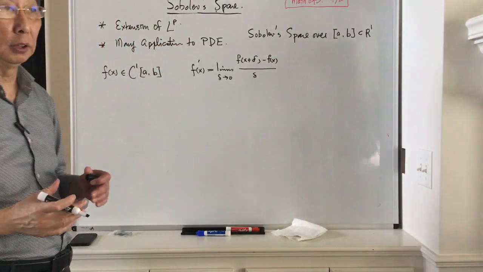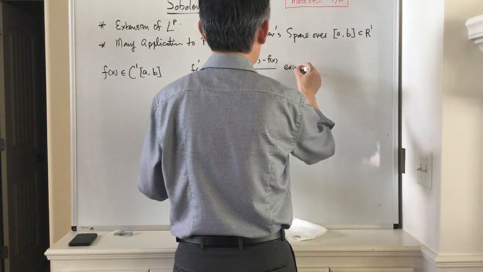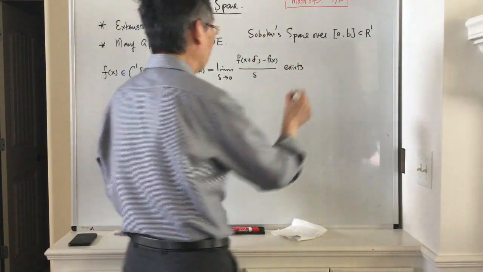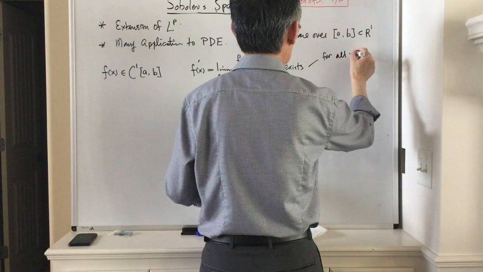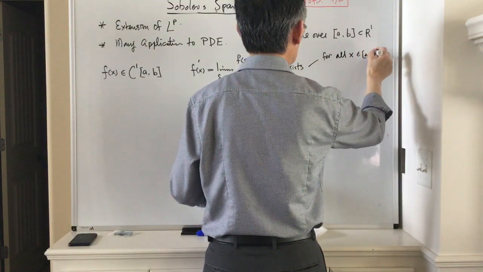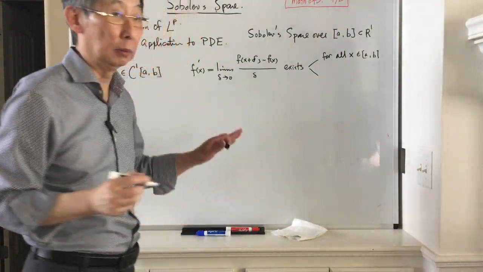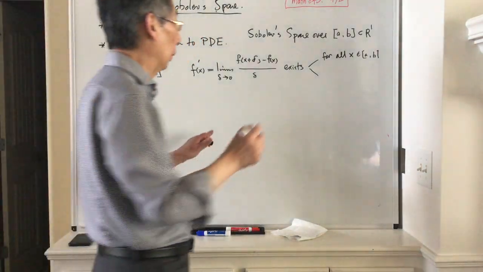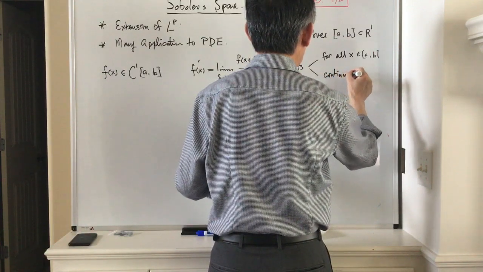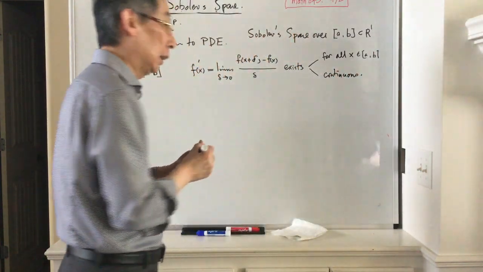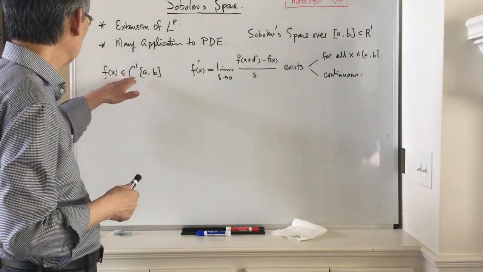So you look at the difference quotient. This one exists for all x in (a,b). And also, another condition is that the derivative does not just exist, but is also continuous. So that's the traditional way to describe a function f(x) in C1.